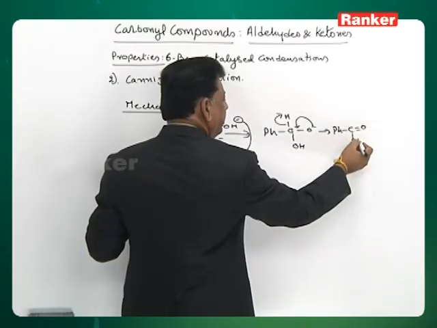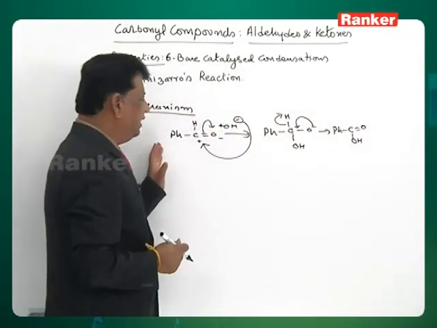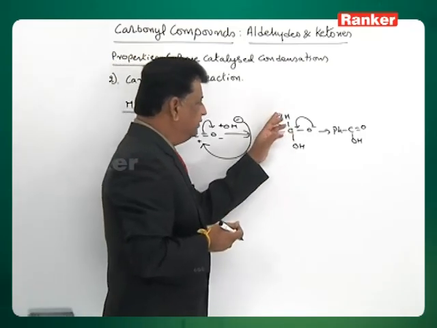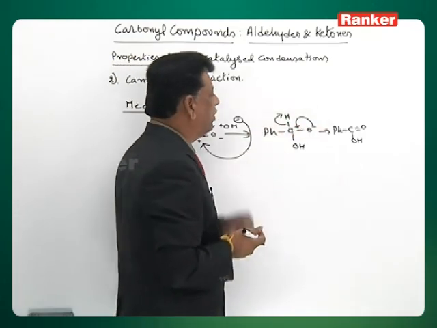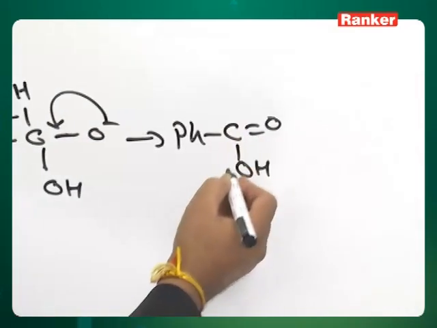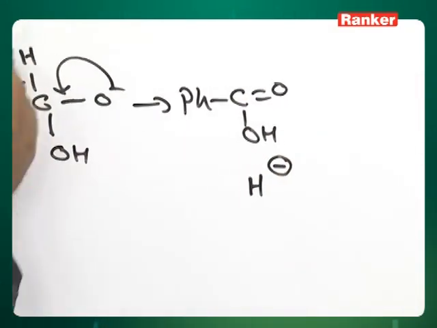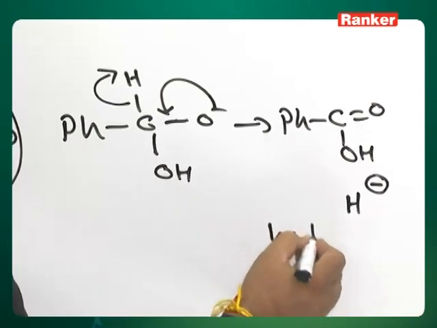So, for one compound you have the answer ready: benzaldehyde has become benzoic acid, that means it has undergone expulsion of H minus, which is nothing but oxidation. But here you will have an H minus also, H with a pair of electrons, which is known as the hydride ion.